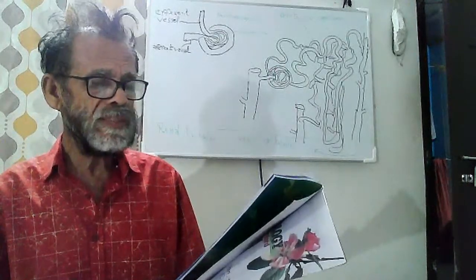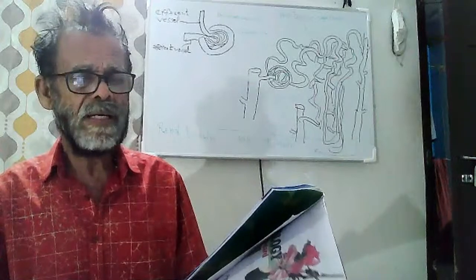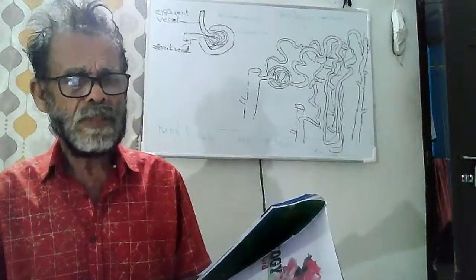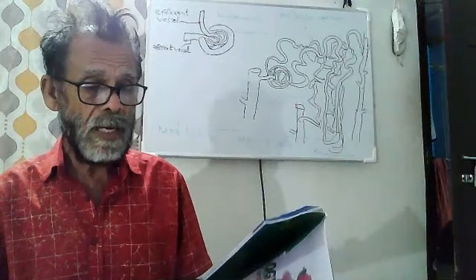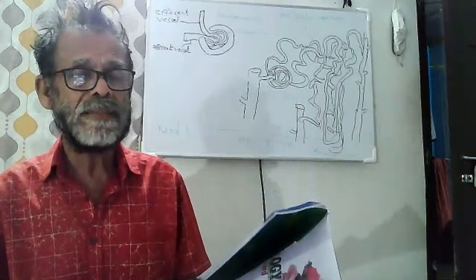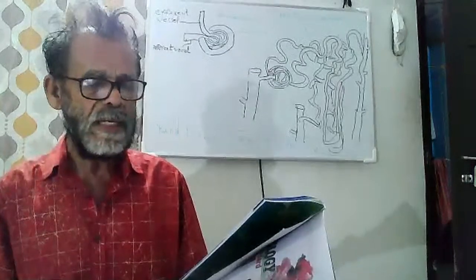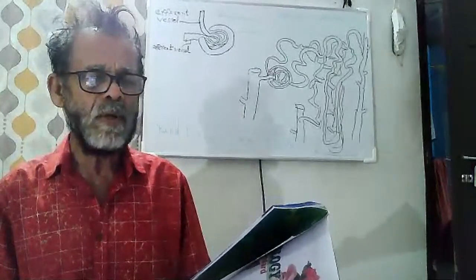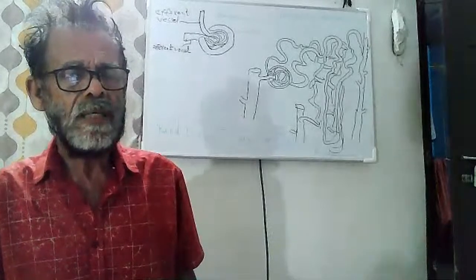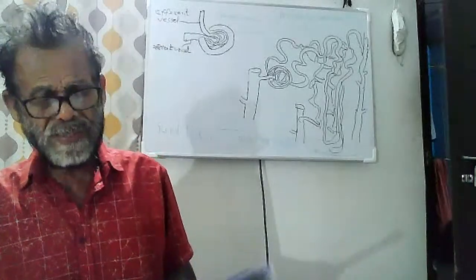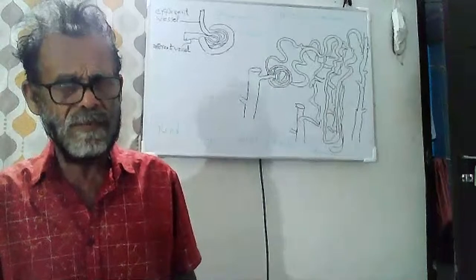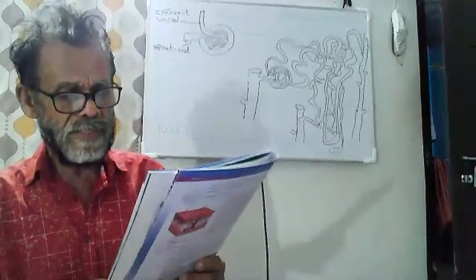So three portions mainly we study: the outer cortex, the inner medulla, and the medulla extends as pyramids called renal pyramids. The renal pyramids open into a cavity called the pelvic cavity or pelvis.